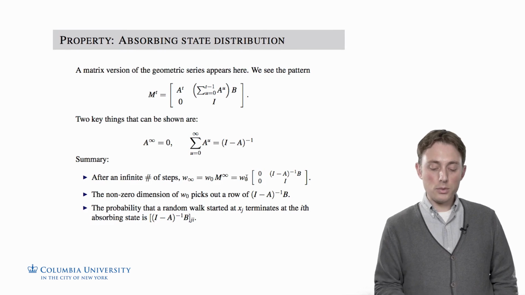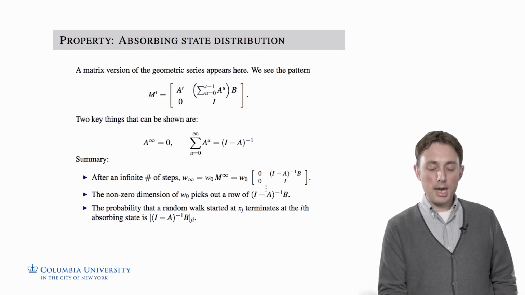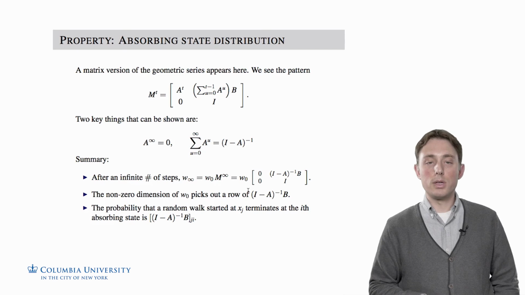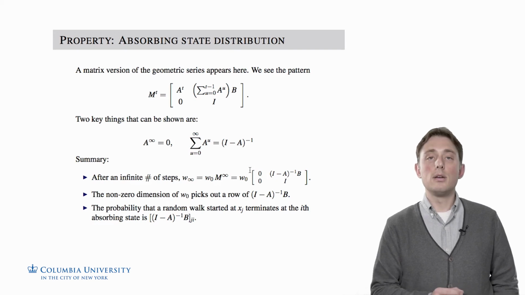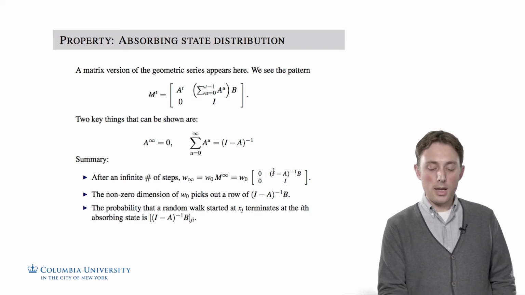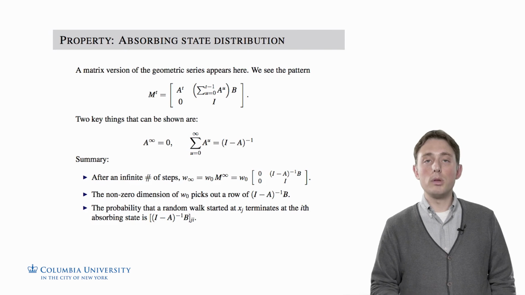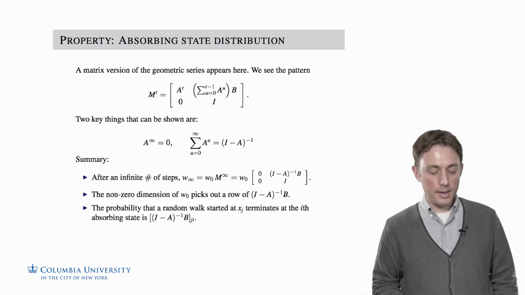What this vector is really doing is simply picking out a row of this matrix, because I'm never going to start at an absorbing state. I'm going to start at one of the s minus k non-absorbing states. And so I'm literally just picking out a row of this matrix, the probability of which of the absorbing states I terminate at.